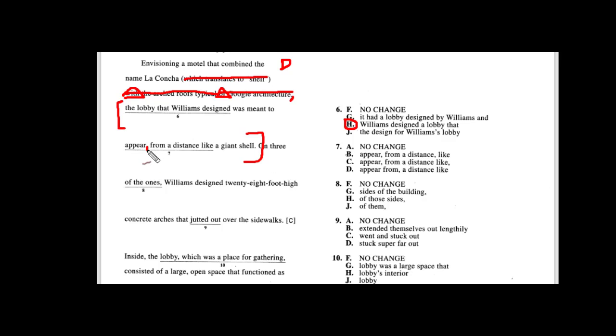If we put in our comma here and we take a look at answer choice B, B has got a comma here and here. That's Mr. Chung. So if we put a comma in here, that means that we could cross that out and we still have to have an independent. So let's read it. William designed a lobby that was meant to appear like a giant shell. B is the correct answer.